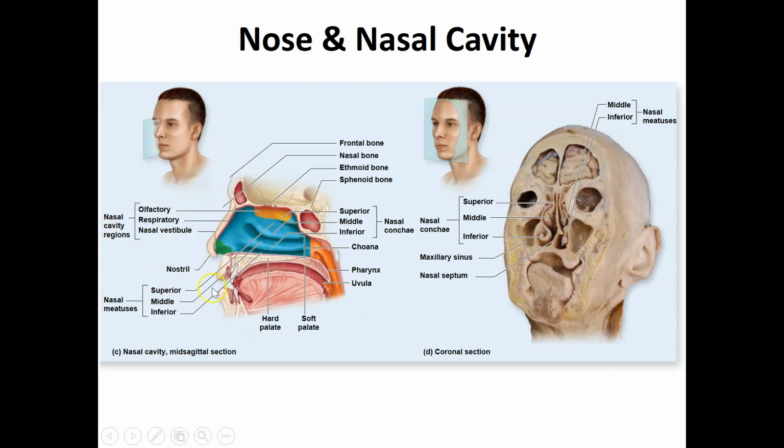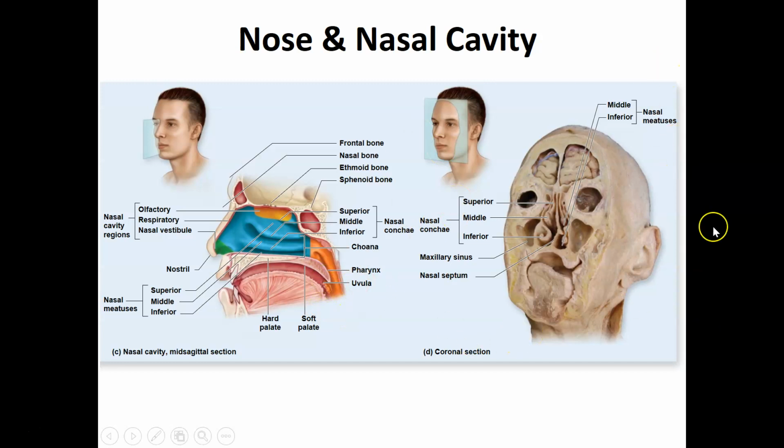Those are the main passageways for air as it progresses from the nostril to the pharynx. These projections cause the air to swirl and maximize the contact of the incoming air with the mucosal membrane, and that's good for filtering and moisturizing the air.